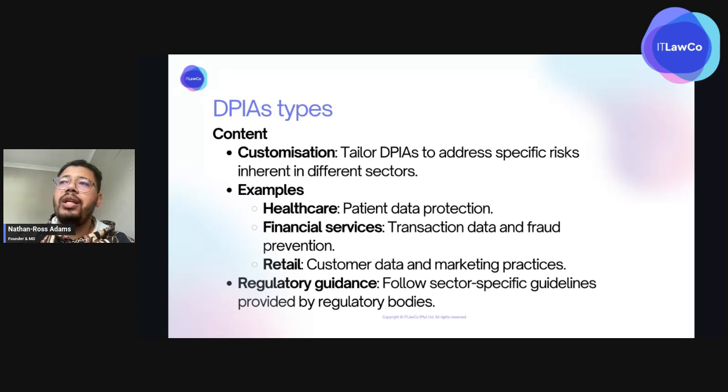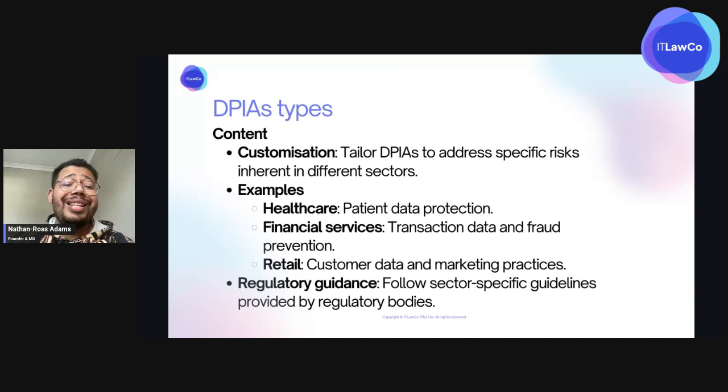Again, I'm not saying reinvent the wheel, I'm saying rely on your sector specific bodies that could produce a template DPIA. You could reach out to international bodies as well. From what I've seen, there are various research companies that specifically focus on identifying and finding these DPIAs.